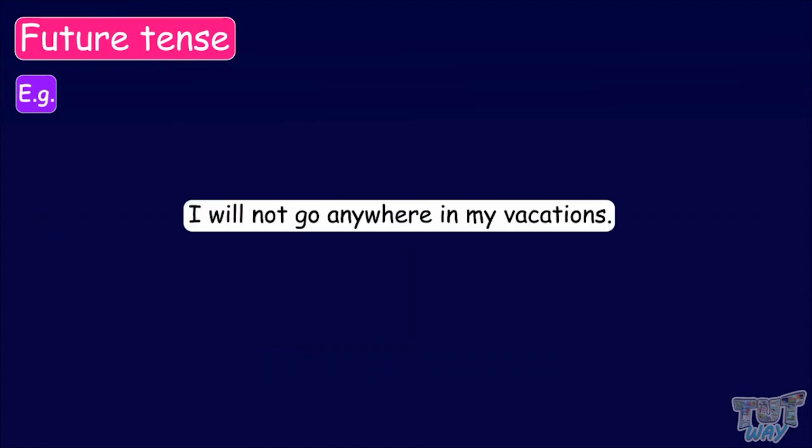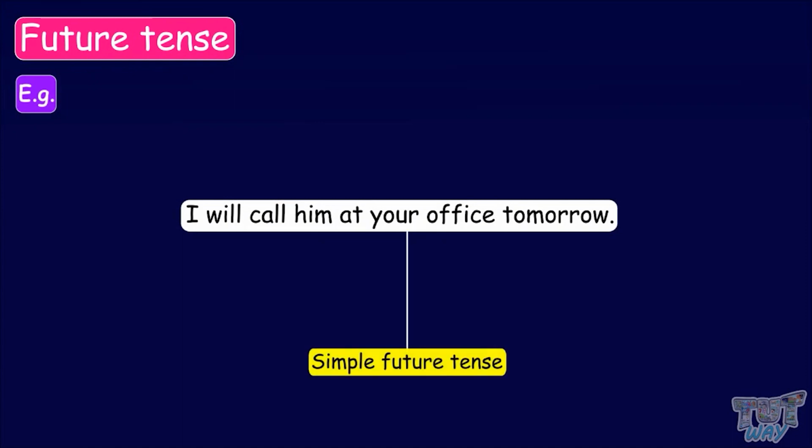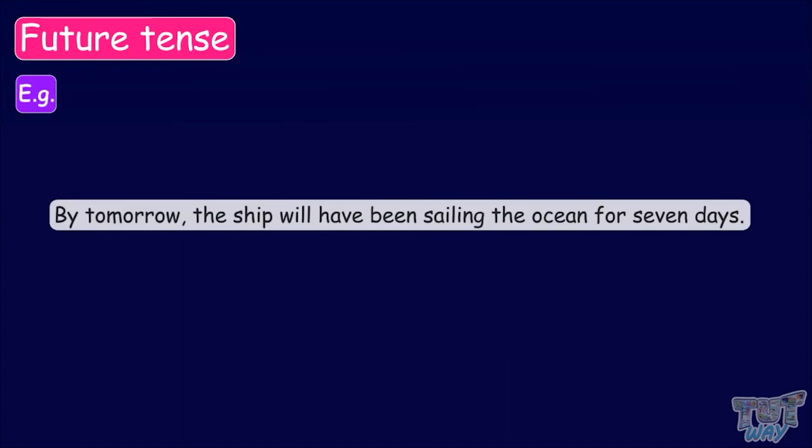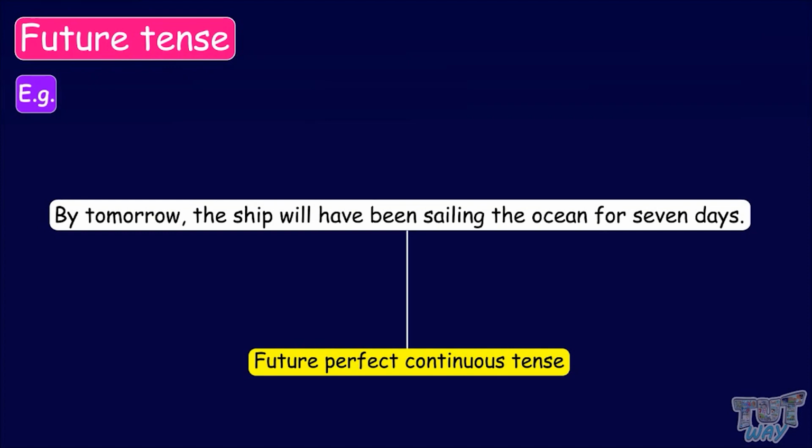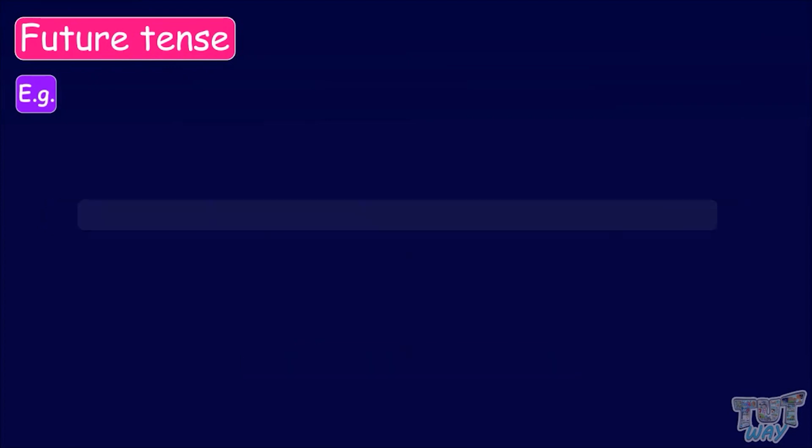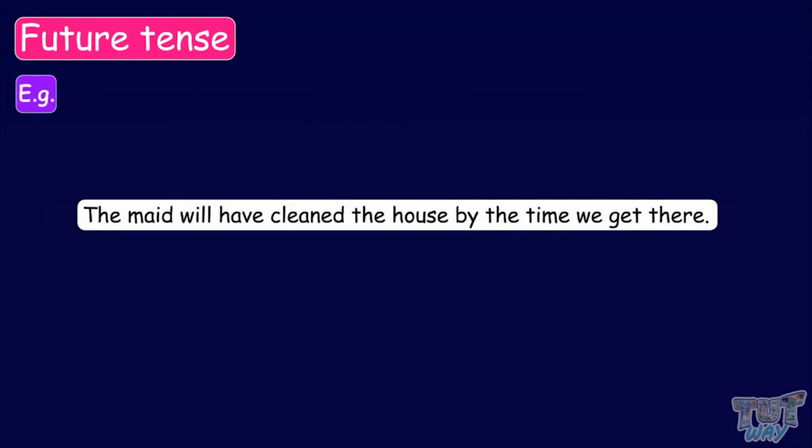I will not go anywhere in my vacations. Simple future tense. I will call him at your office tomorrow. Simple future tense. By tomorrow, the ship will have been sailing the ocean for 7 days. Future perfect continuous tense. The maid will have cleaned the house by the time we get there.